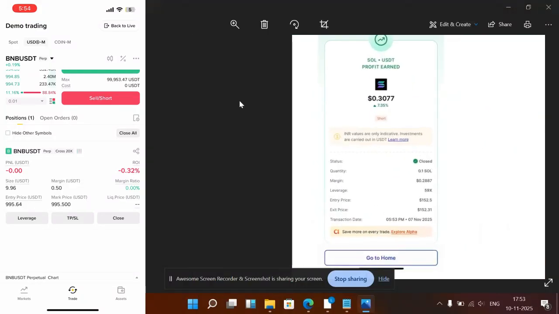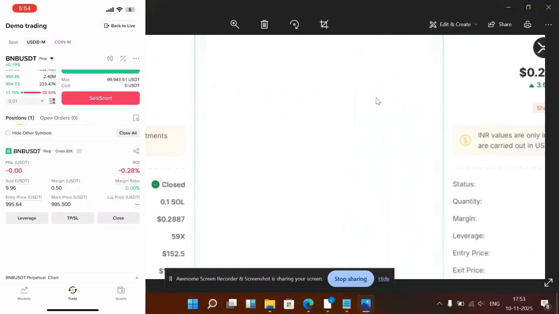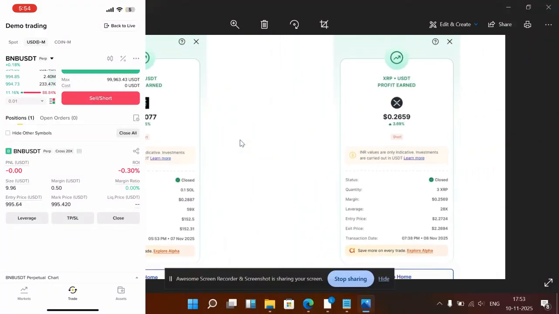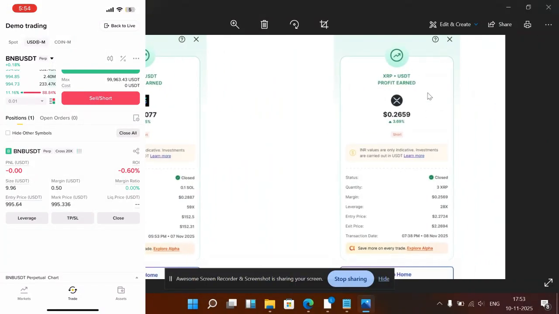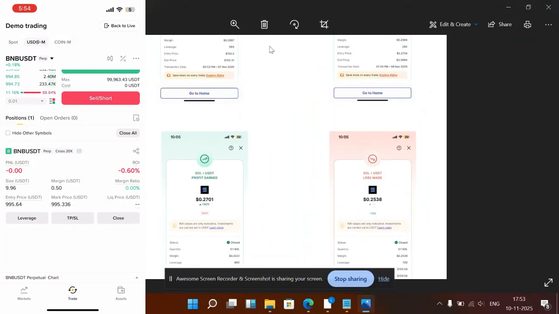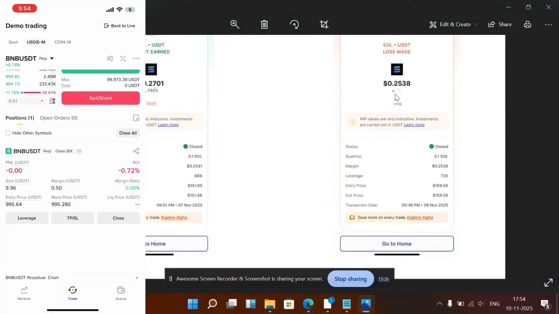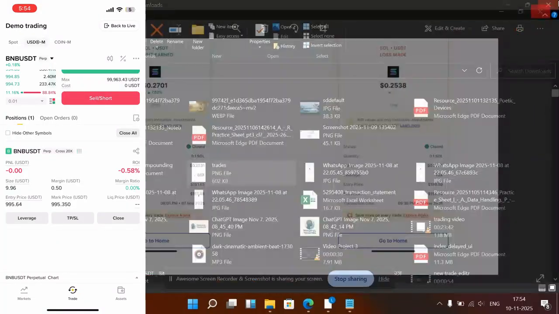This was 7%. First of all, this is my first trade. This is on Solana. This is on XRP. And this is again on Solana. And here we have made a loss, but this is 0% loss. 0% profit, 0% loss. But the loss that I made, I have not put that photo there.